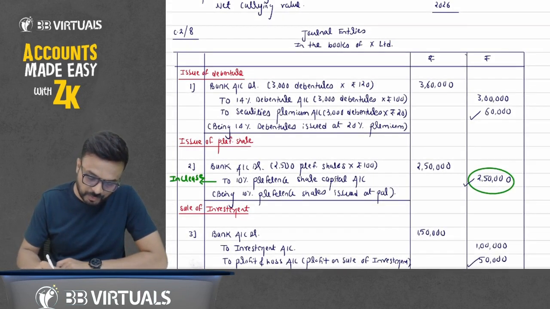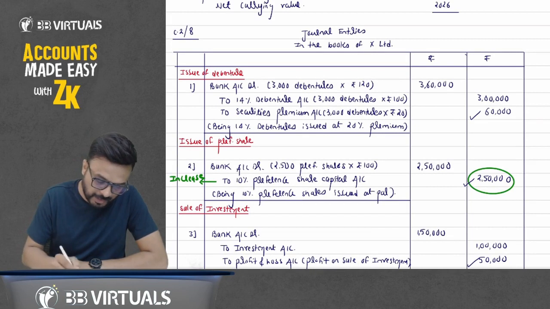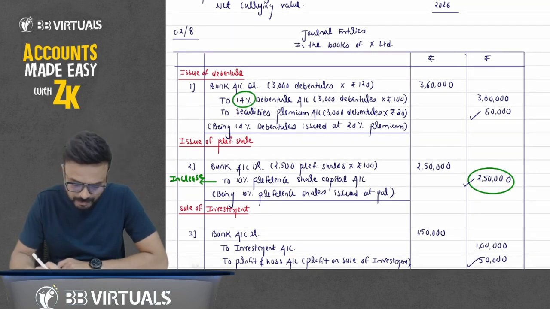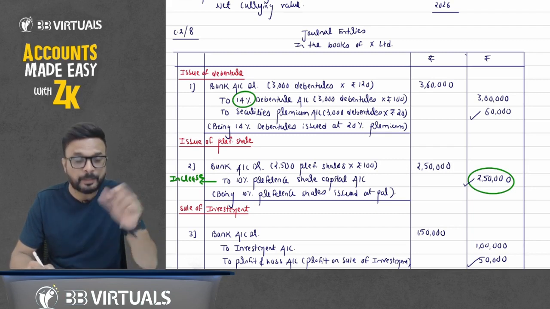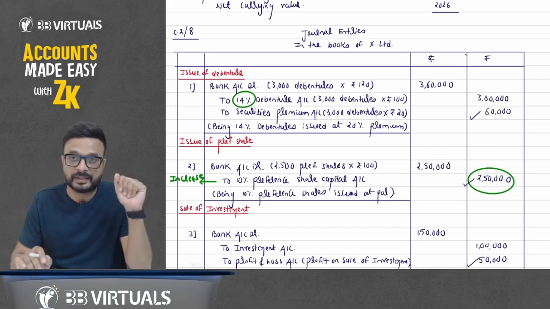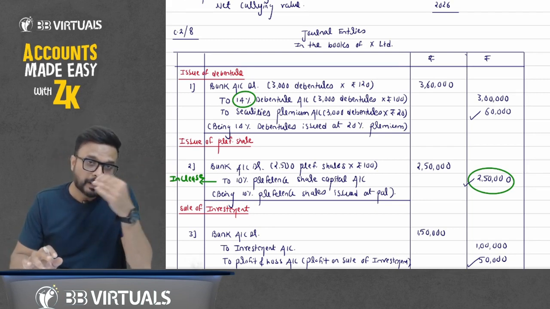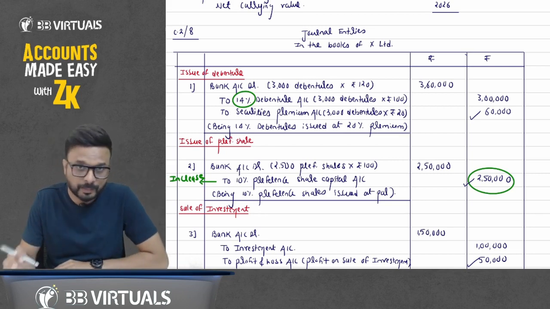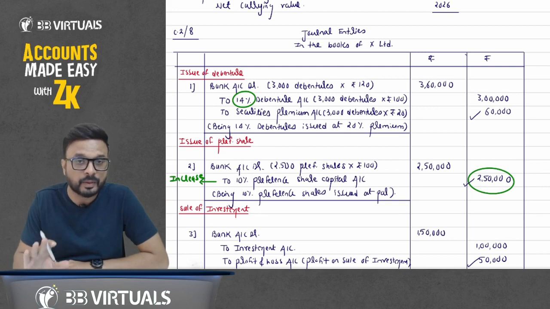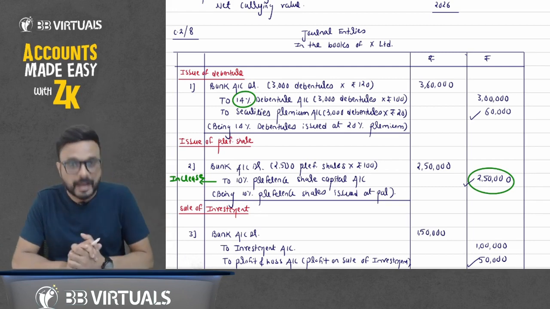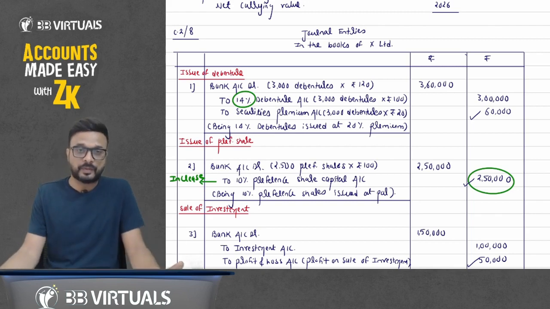But when we issued the debenture, here you can observe that we issued debenture of 14%. Both are debentures, no doubt about it, but one is a 12% debenture and the other is a 14% debenture. So there is a difference here. When we prepare notes to account number 3, that is long-term borrowing, we will write these debentures separately: the 12% debenture given in the balance sheet and the 14% debenture which we have issued.